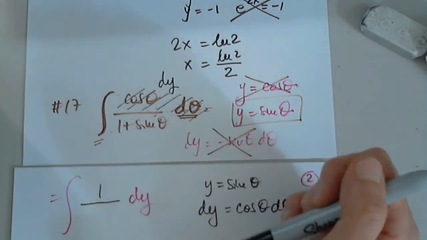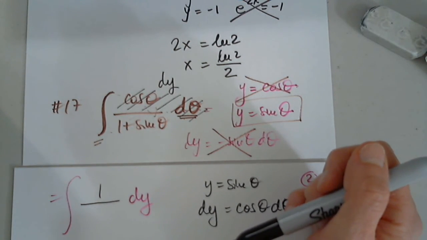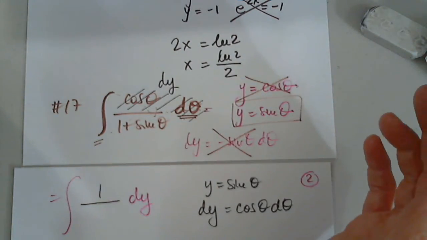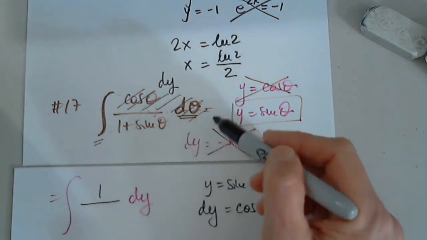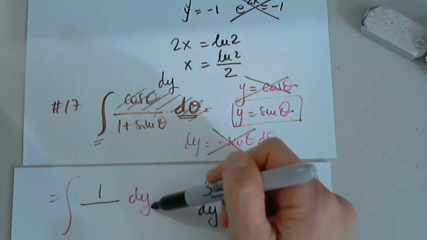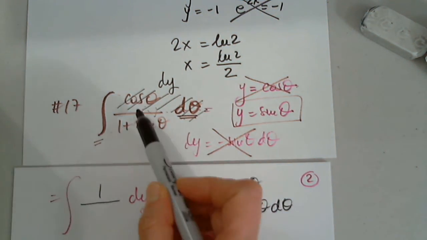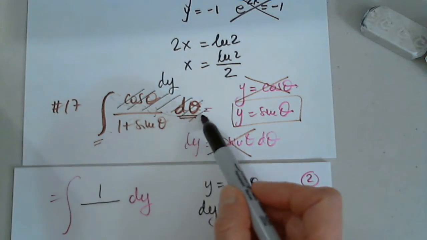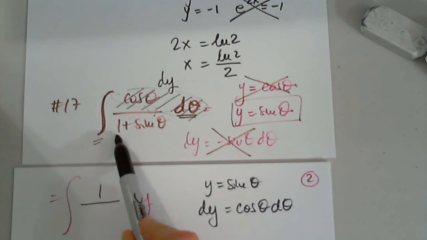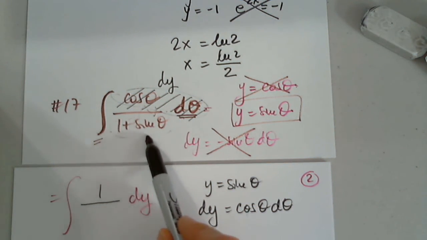Because I cannot have theta and y in the same integral. Everything has to be changed in terms of y. If this piece, cosine theta d theta, is dy, what do I replace this by?